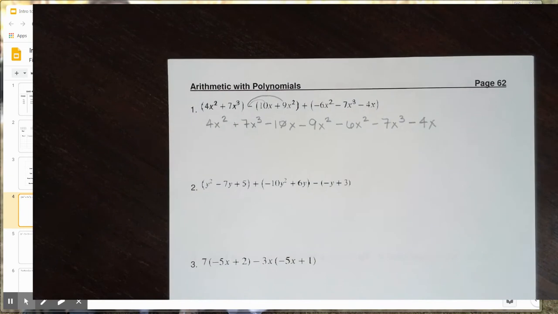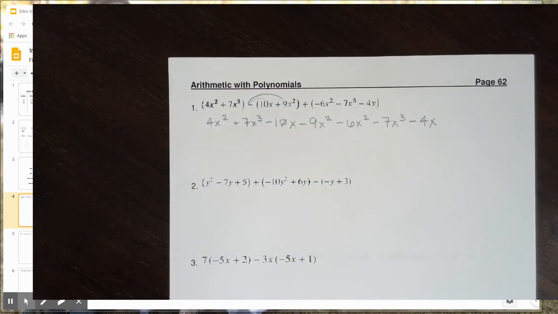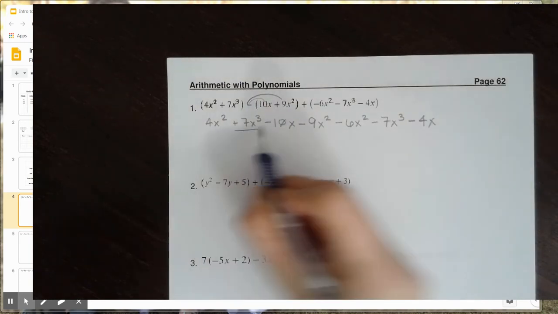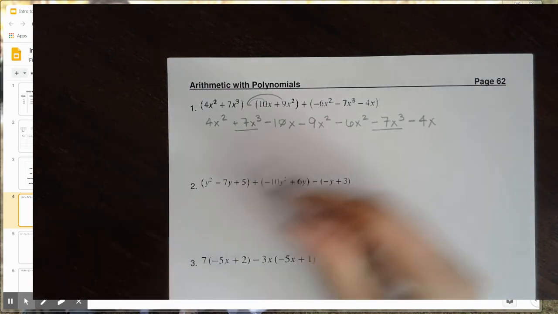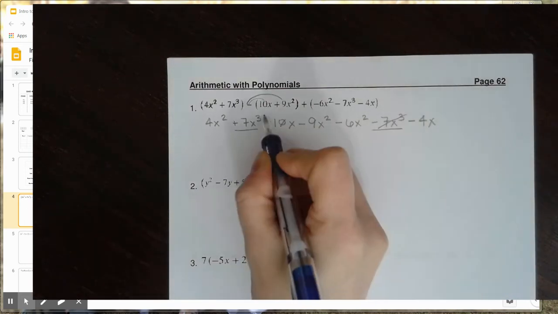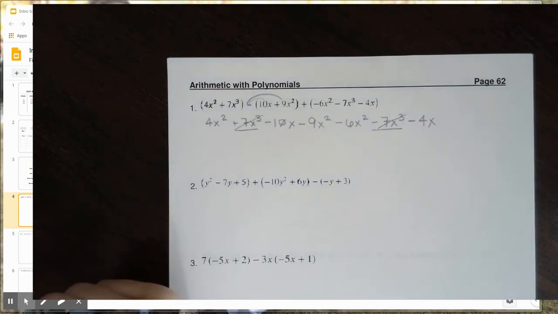And I know we've talked about combining like terms before. What we normally do when we are writing polynomials is I go for the highest exponent first. So I have 7x cubed and negative 7x cubed. Those are going to cancel out to 0 and no longer be there.